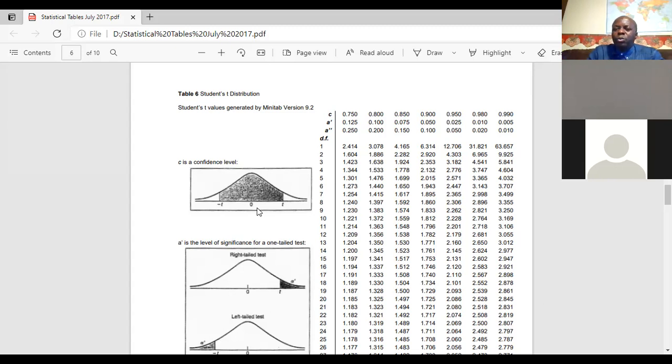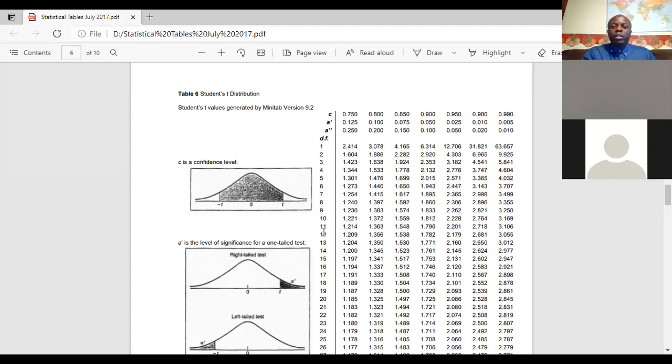So William S. Gosset worked for a brewery, and while working there, he was doing research and found that this table can be used to do a lot of very useful calculations. He wanted to publish it, but they were not allowed to publish their findings because of the competition with other breweries. He published it under the name student. That's what we call it, student T distribution.